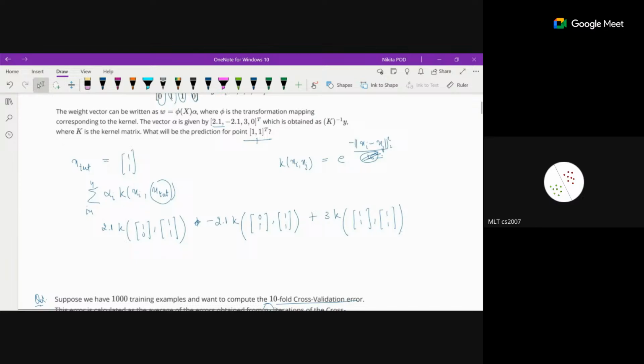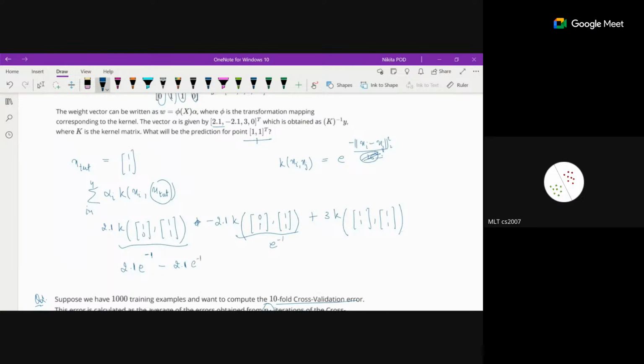Now if we find k of 1 0 comma 1 1, it is going to be e to the power minus of 1, right? xi is 1 0 minus 1 1, so you get 1 square, which is 1. So 2.1 times e inverse minus 2.1, this will also be e to the power minus 1.